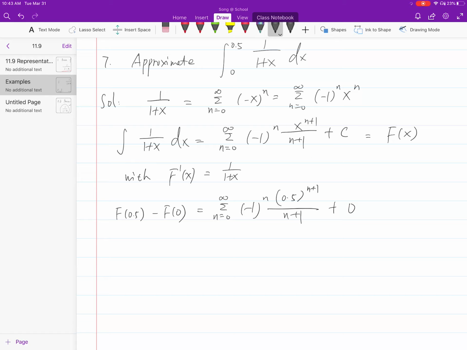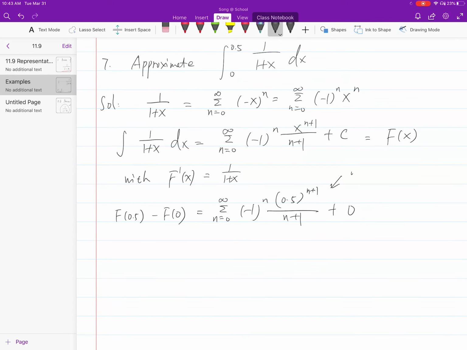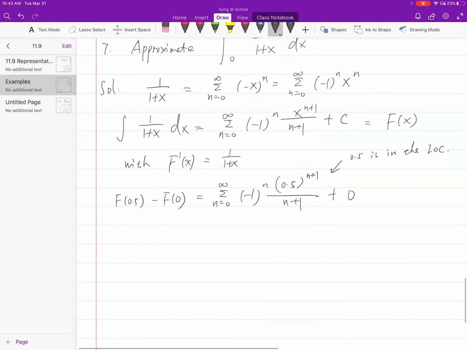This will be the value of the integral, which is accurate. Note, I was very careful because I used 0.5. You need this one to be within the interval of convergence, otherwise the series won't work. Then basically that's the answer.